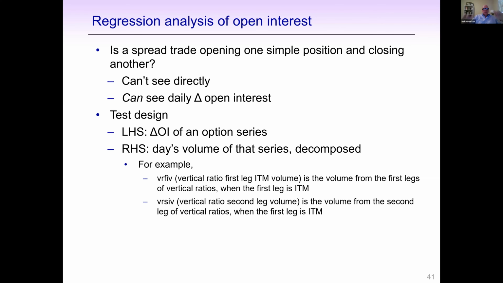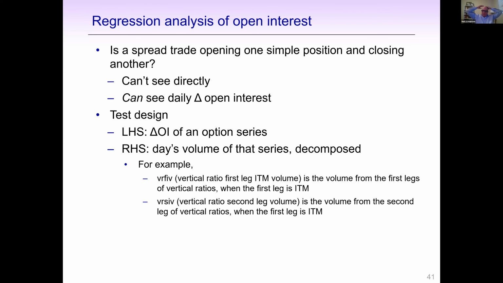Okay, so then we want to get more directly at the idea of how people are using complex trades, right? We're really interested in the question of whether people are using complex trades to close one simple position and open another.